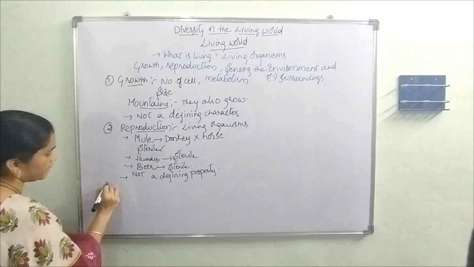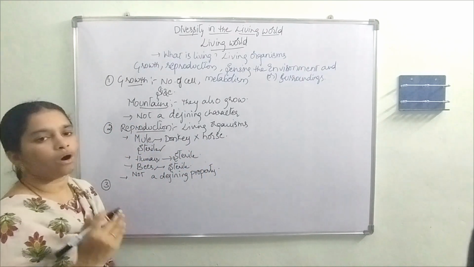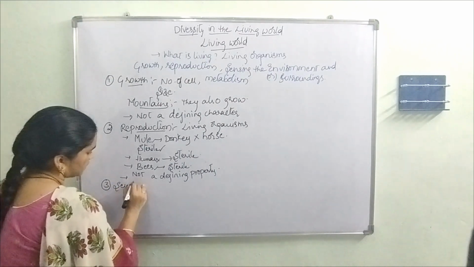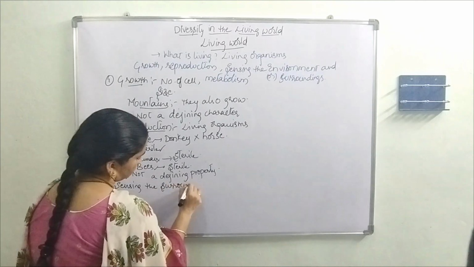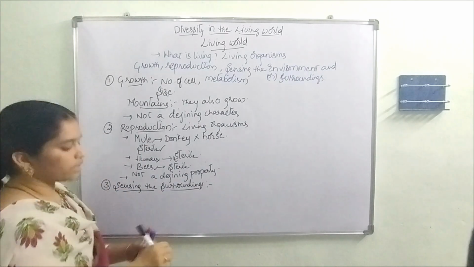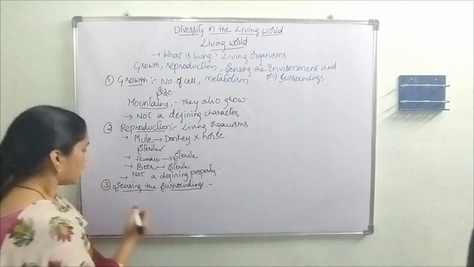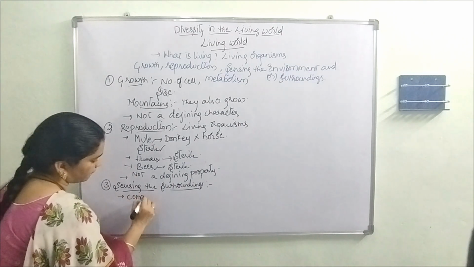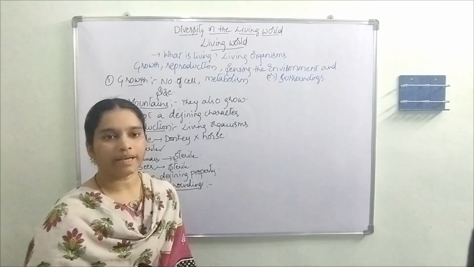Next, number 3. Number 3 is sensing the environment or surroundings. All living organisms can sense the surroundings. What about the person in coma? Can he sense the surroundings?